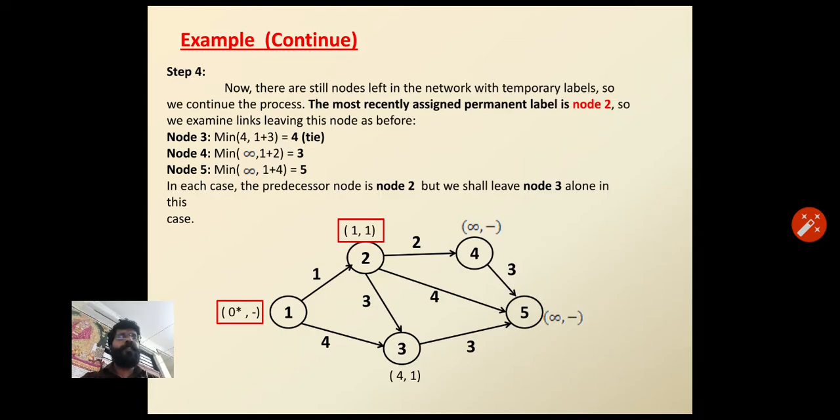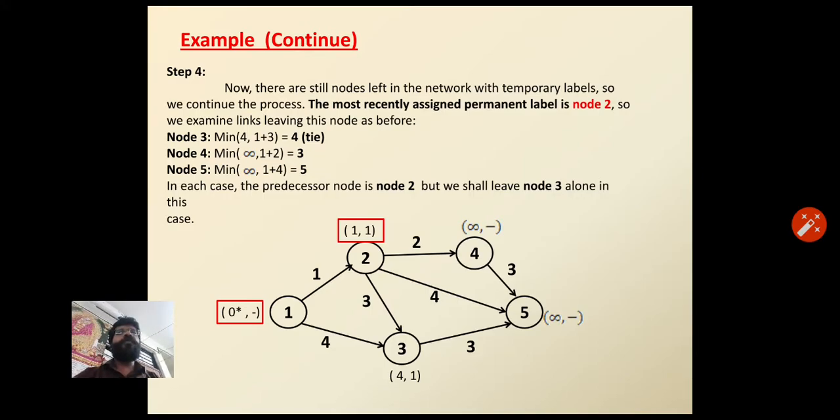Old value of node 3 is 4, old value of node 5 is infinite, old value of node 4 is infinite. Then calculate the new value of node 3, and also the minimum value.